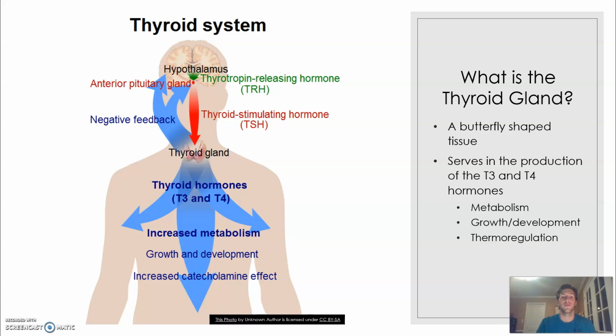These are the main thyroid hormones that will be discussed later and that are going to be affected by different gene mutations. These two hormones serve the purpose of controlling metabolism within the body, growth and development, and thermoregulation.